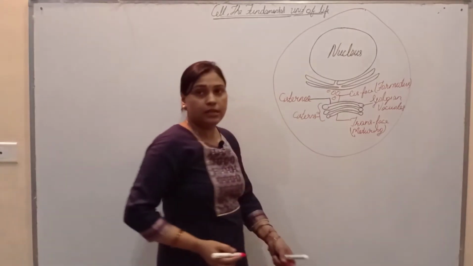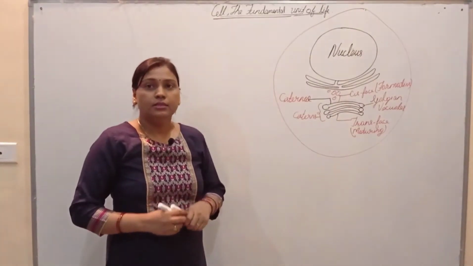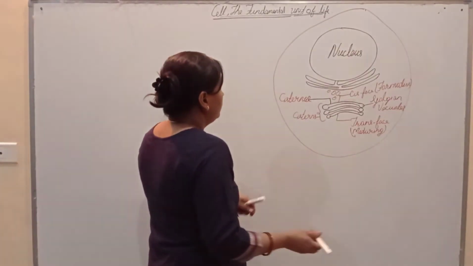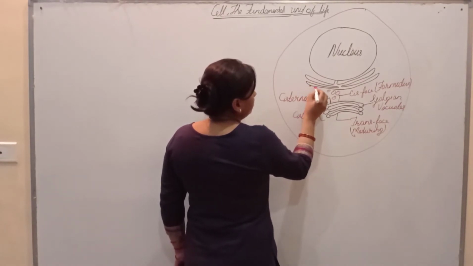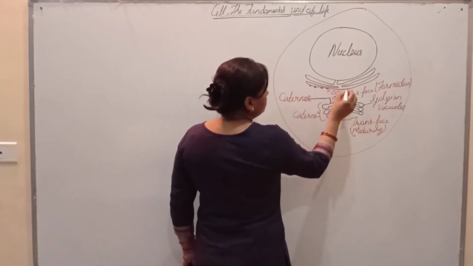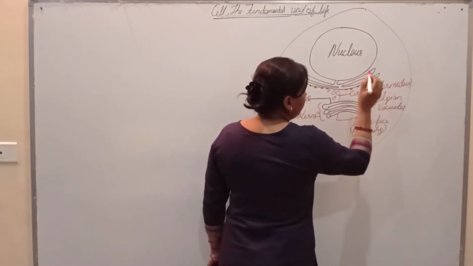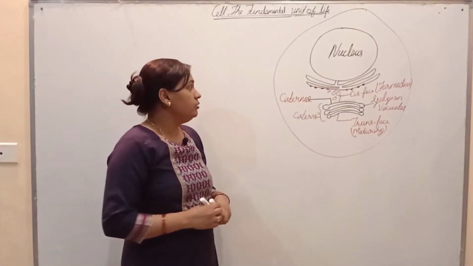In our previous classes we have seen that vesicles are spherical structures that carry materials inside them. Endoplasmic reticulum is of two types. When ribosomes are found over the endoplasmic reticulum, it is called rough endoplasmic reticulum, and that will synthesize protein.